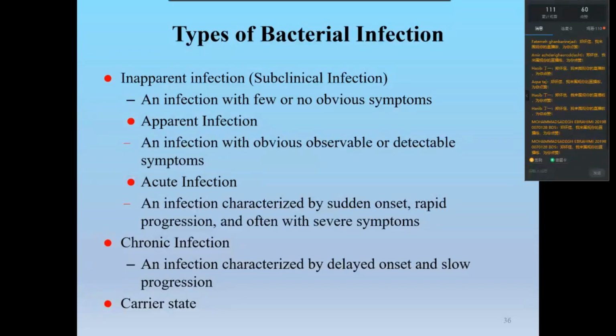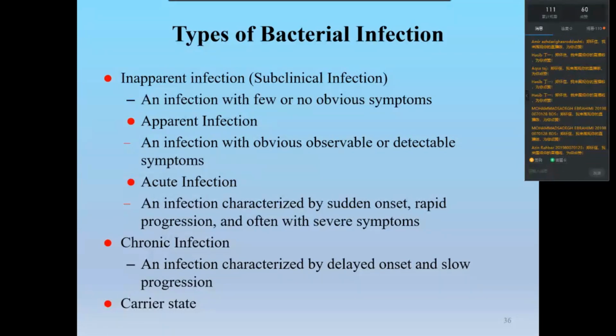Some infections set in quickly, so once the bacteria get into our body, they can cause acute infection, so the sudden onset and rapid progression, and often with severe symptoms like cholera. The cholera enters our body and can set up infection within hours. So that's acute infection.